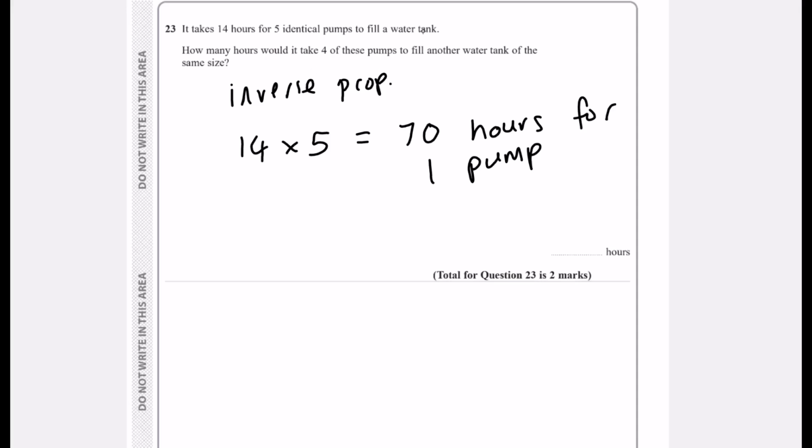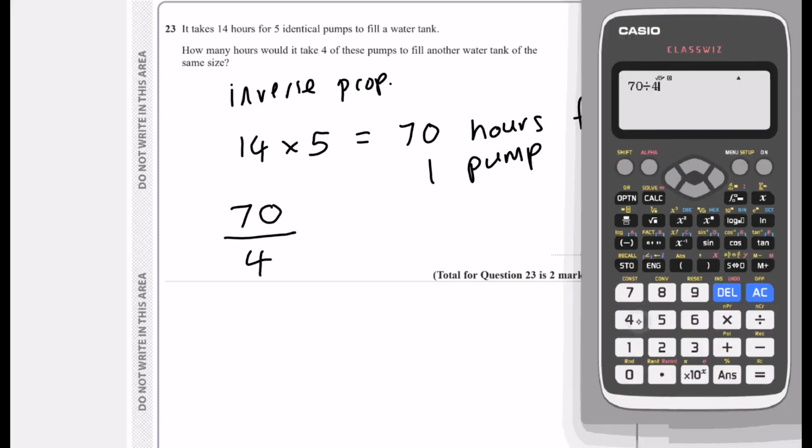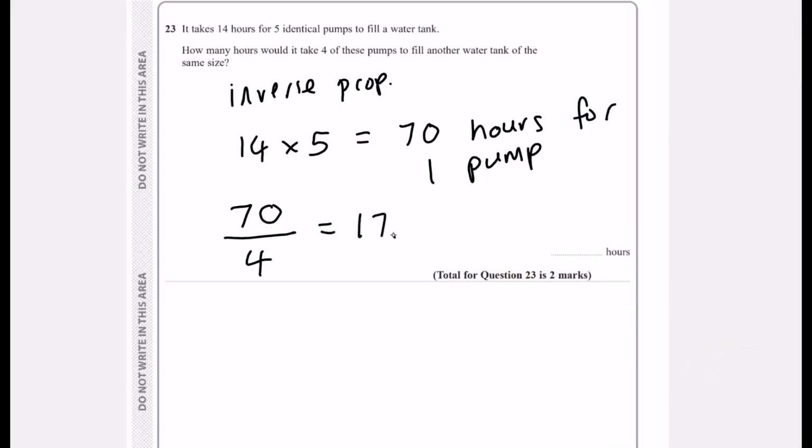And if we've got 4 pumps, we can split those 70 hours between 4 and get 17.5 hours. So we can see it takes more time because we've got fewer pumps working. So 14 hours for 5, 17.5 hours for 4.